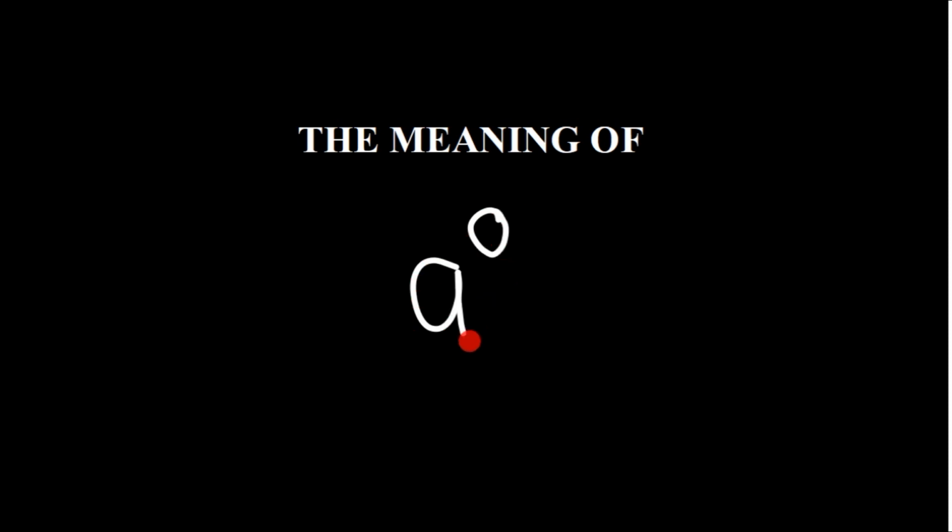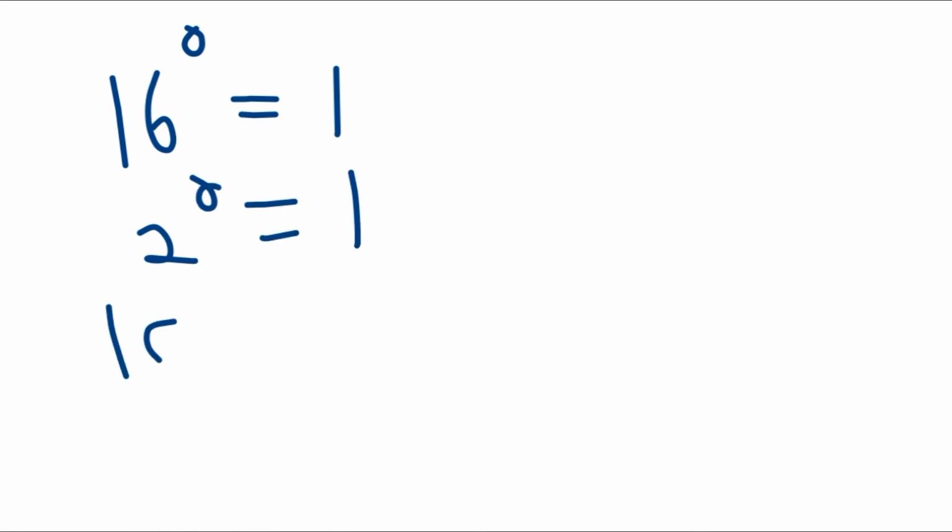So if you have 2 to the power of 0, it will give you 1. If you have 5 to the power of 0, it will give you 1. If you have 16 raised to the power of 0, that will be 1. 100 raised to the power of 0 will also give you 1.